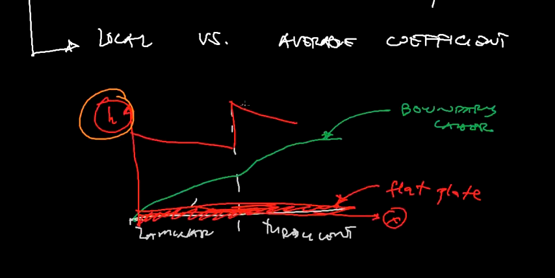Say this is our flat plate. From this point up to this axis, as the fluid flows against your flat plate, then we can have a different value of h.